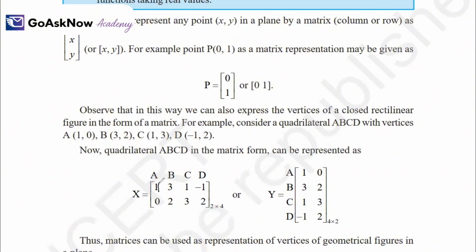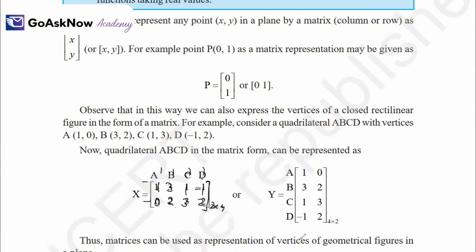So for A, X is 1 and Y is 0. Similarly for B, 3 the X coordinate, then 2 the Y. For C, 1, 3. For D, minus 1 and 2. And what is the order of this? 2 cross 4, because there are 2 rows and 4 columns.